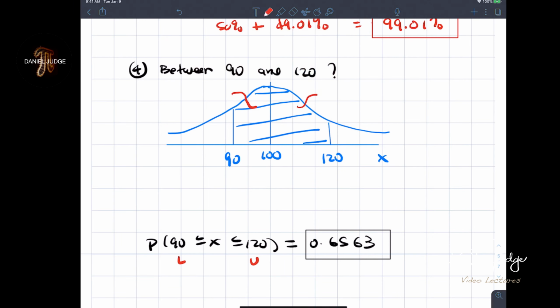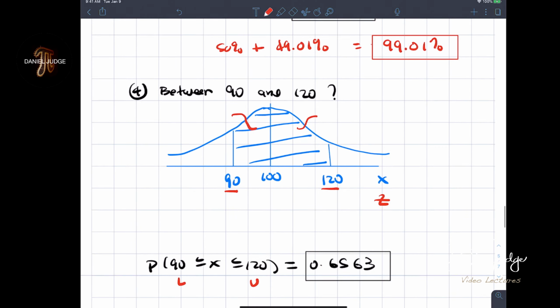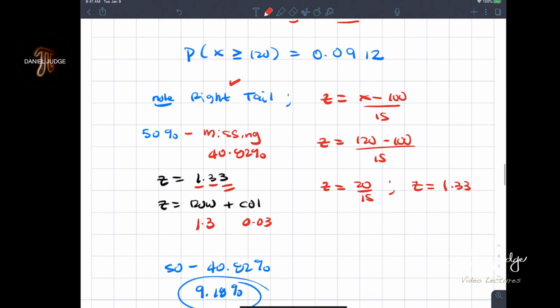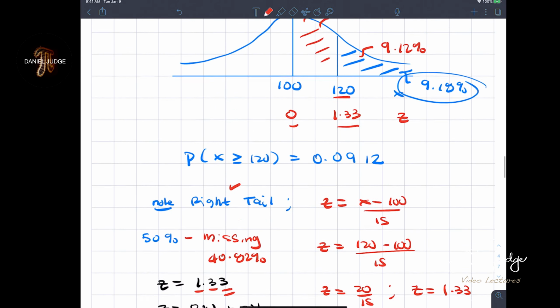I have to know what 90 becomes, and what 120 becomes, because I'm going to use my Z tables. Now, 90 and 120 look familiar. I think I found 120 as a Z value is 1.33. We got that one.